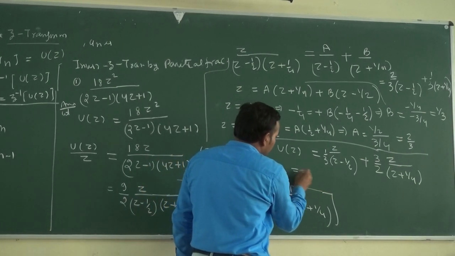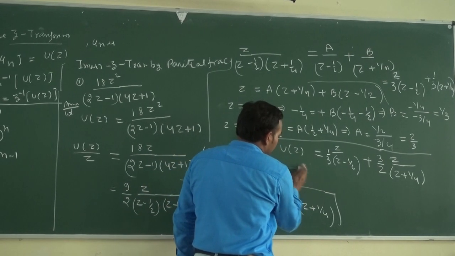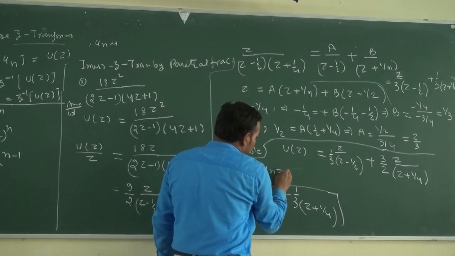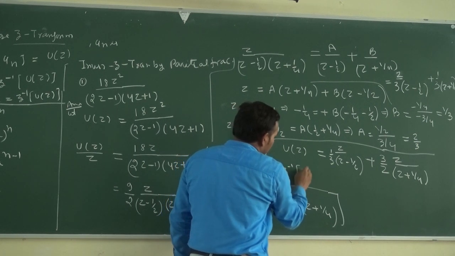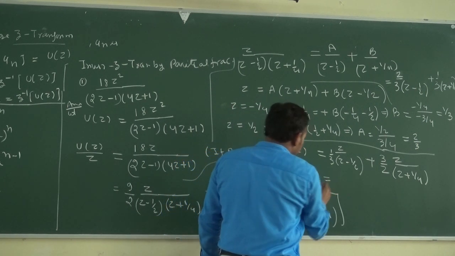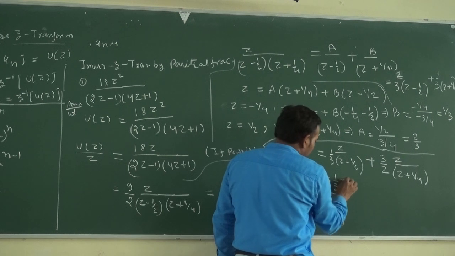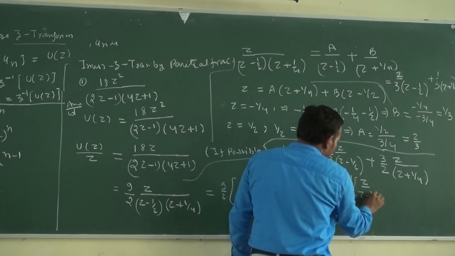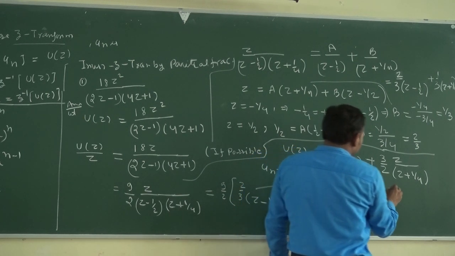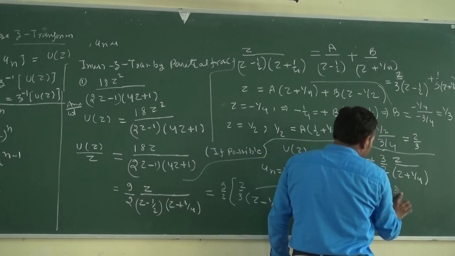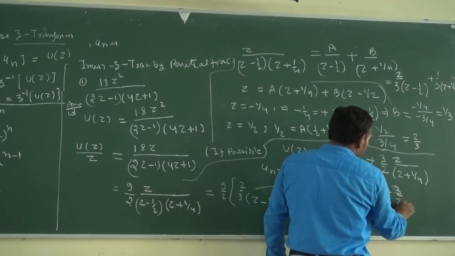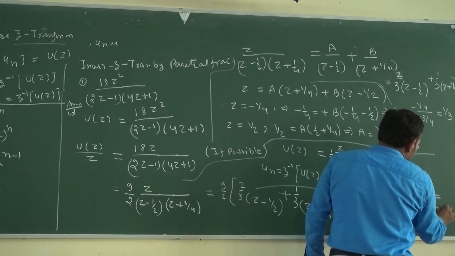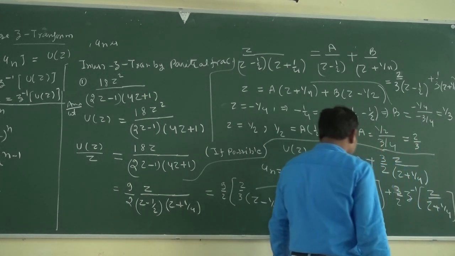So this simply implies that we can say u_n is equal to the inverse z transform of U(z), that we can write here as 1/3 times the inverse z transform of z/(z - 1/2) plus 2/3 times the inverse z transform of z/(z + 1/4).